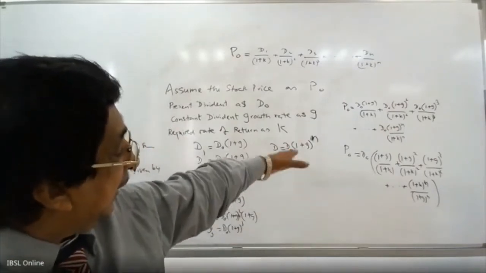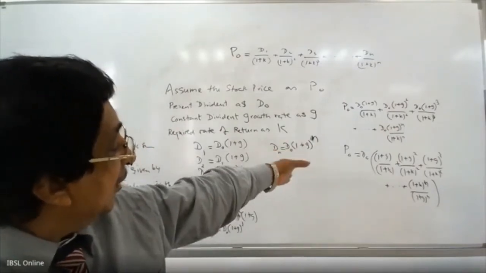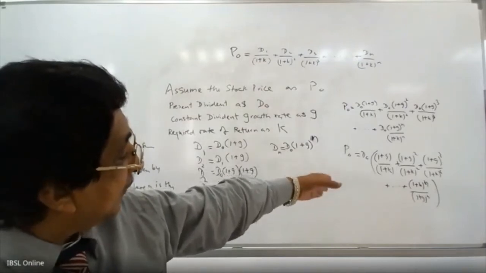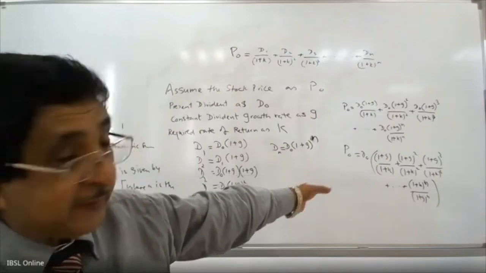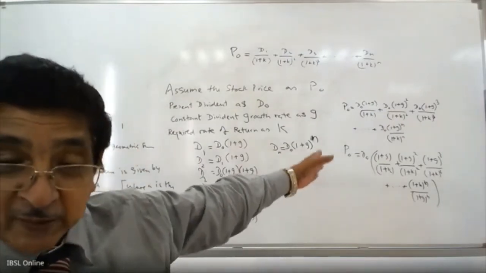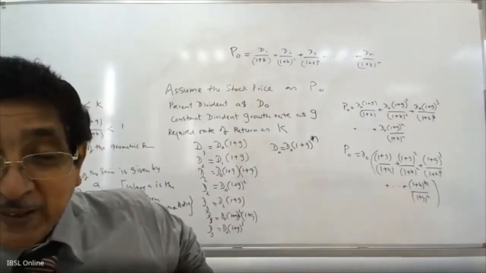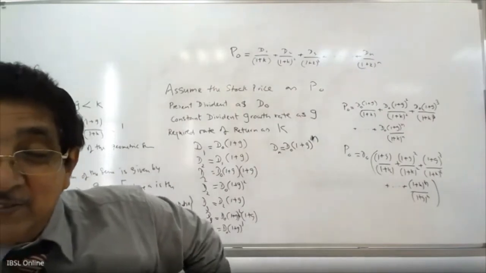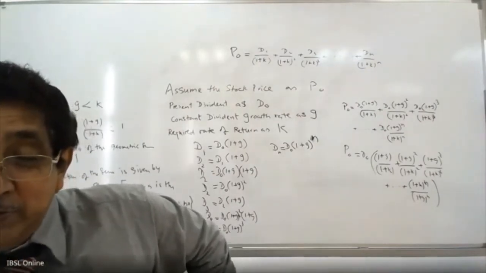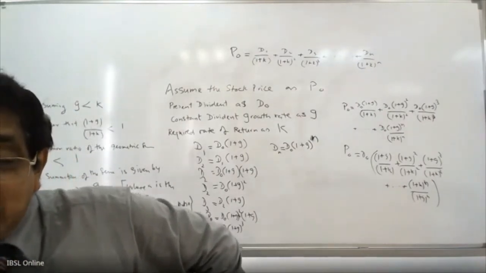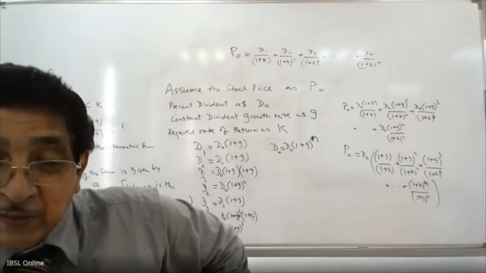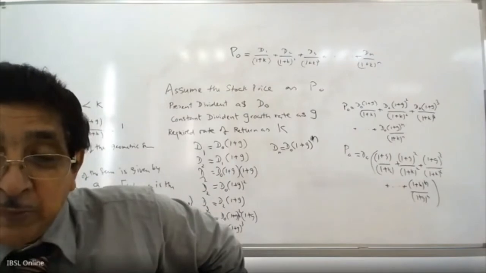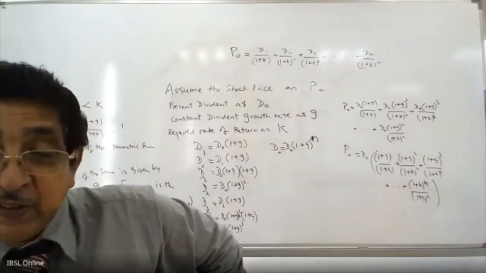Within the brackets you get other things: 1 plus G divided by 1 plus K, plus 1 plus G to the power 2 divided by 1 plus K to the power 2. Likewise, it goes. So what is the first term in the brackets? Oh, very good. Asanka, correct. 1 plus G over 1 plus K is the first term of the series.